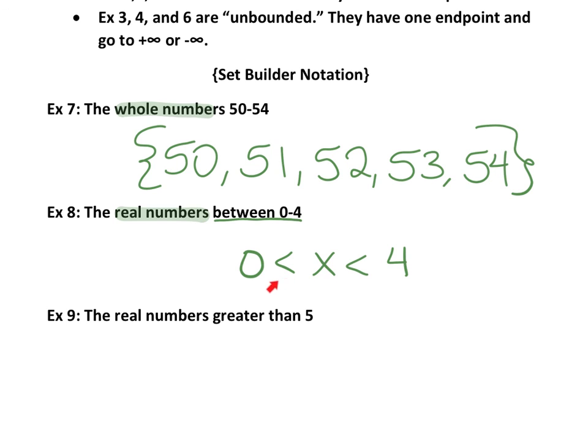No lines underneath it because it's not equal to 0 and not equal to 4. That's the inequality. But to make it a set builder, all you do is pop the fancy stuff on the outside. Squiggly bracket, X, bar, squiggly bracket. The inequality part has not changed. Between 0 and 4, not including 0 and 4, that's how we write it, and then you just make it fancy.